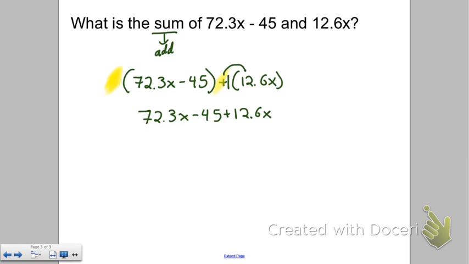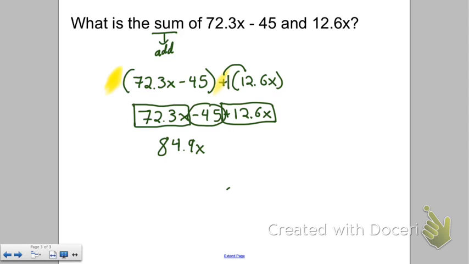Now I look for my like terms. 72.3x and 12.6x are like terms. When I combine those, I end up with 84.9x. Minus 45 has no like terms, so that can just come down. So this is my sum of those two expressions.